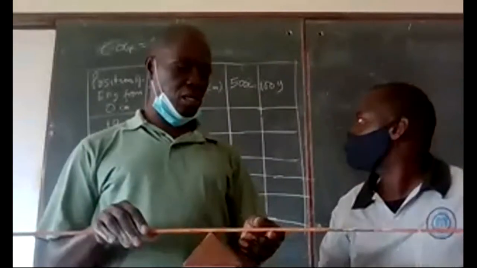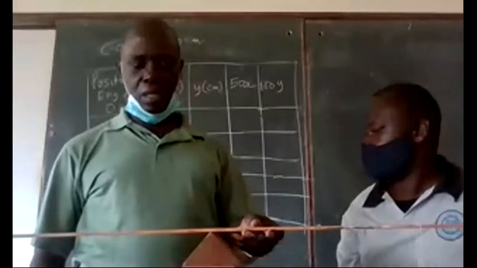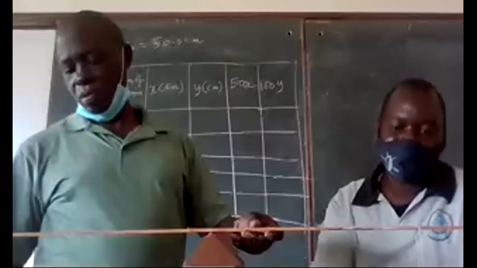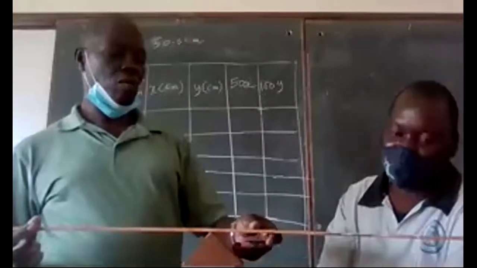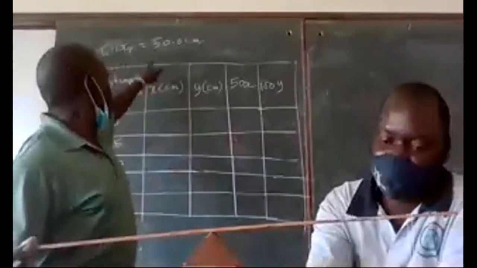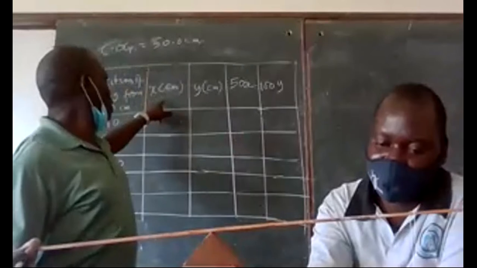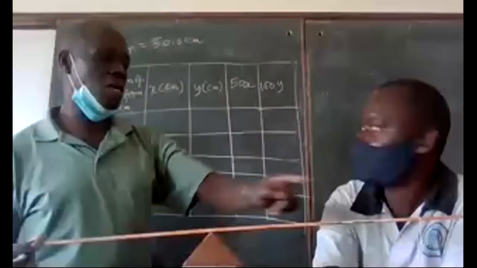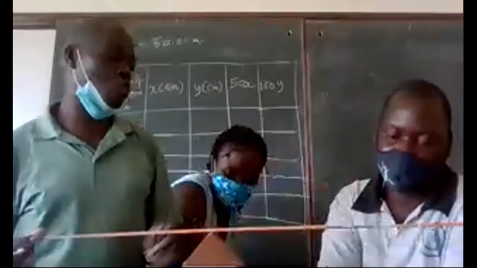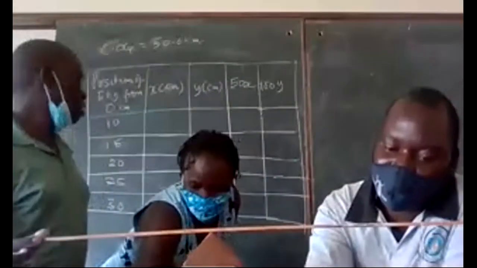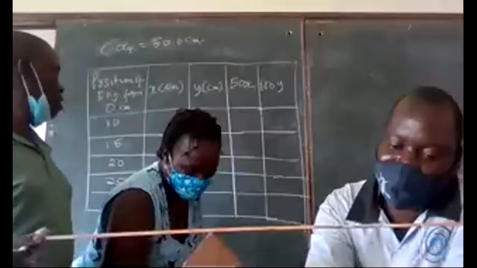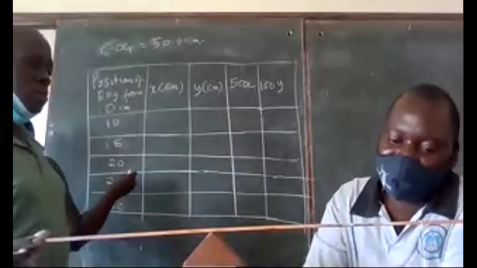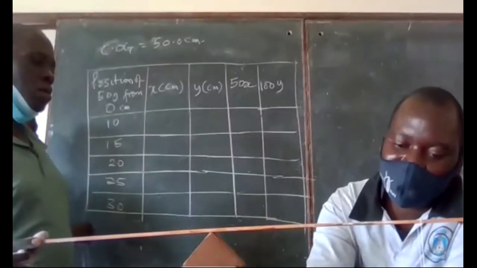So what will be my distance X? The distance X must be the distance between the center of gravity and the 10 centimeter mark. So what distance would that be?